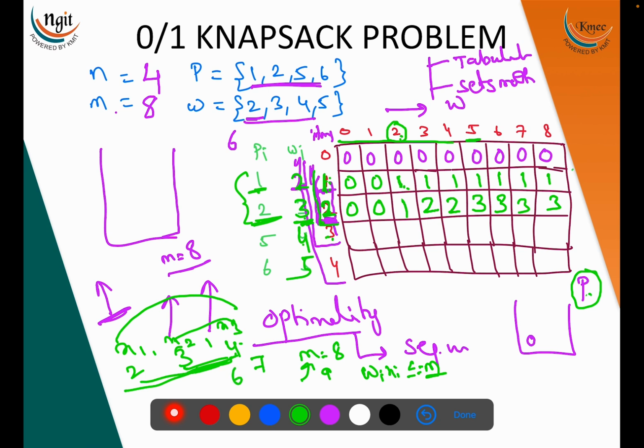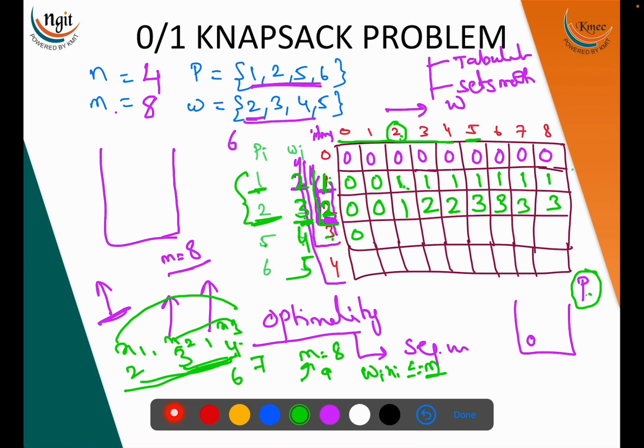So whichever gives the highest profit, that we will take. Now look at these 3, which will give the highest profit. If I place the first item, the profit is only 1. If I place the second item, the profit is 2. If I place the third item, the profit is 5. So let's see the second item and third item, the way we will store.